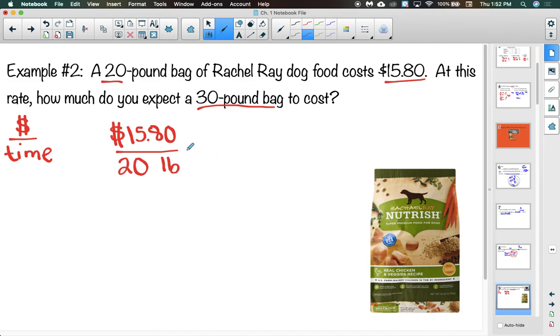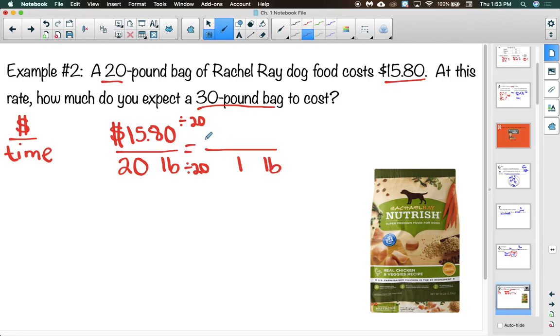So what we can do now is turn this into a unit rate. And to turn it into a unit rate, remember, we divide by the number in the denominator. So we divide by 20. And we do the same thing to the numerator to keep the ratio equivalent. 20 divided by 20 is 1 pound.